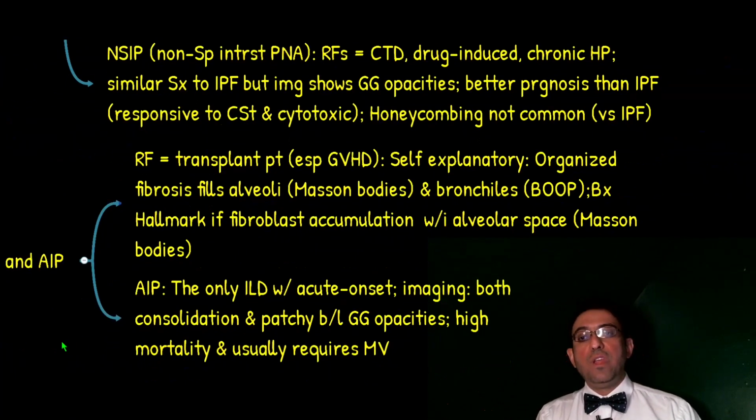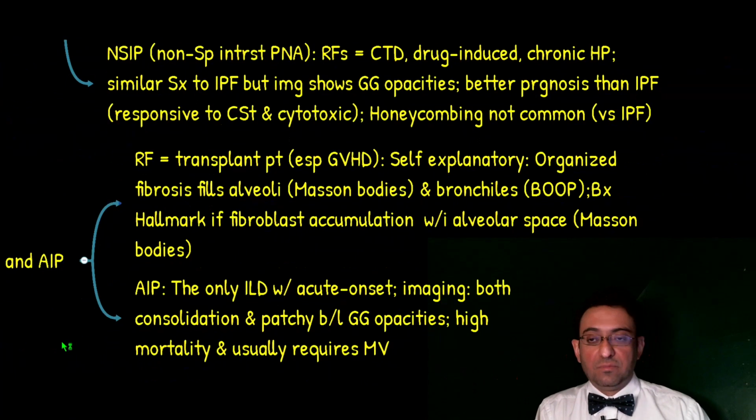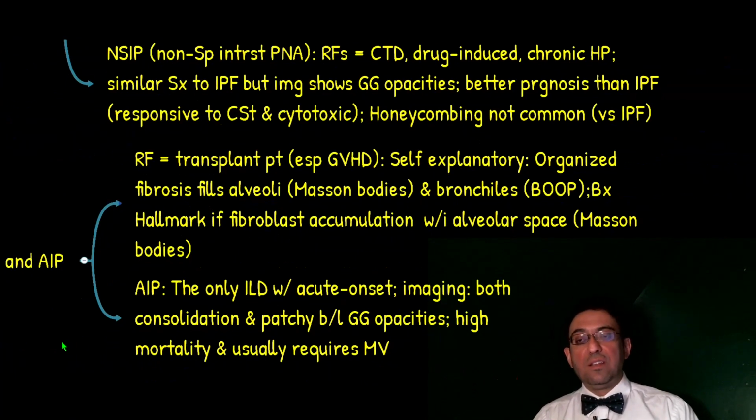Similar to non-specific idiopathic interstitial pneumonia, we have ground glass appearance. However, because these two last conditions are also pneumonias, we could have consolidations and patchy infiltrates. So, put simply, the differential diagnosis of ground glass appearance in restrictive lung disease includes non-specific interstitial pneumonia, bronchiolitis obliterans organizing pneumonia after transplant, and acute interstitial pneumonia if acute onset.